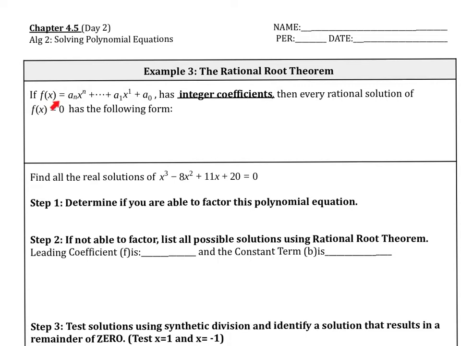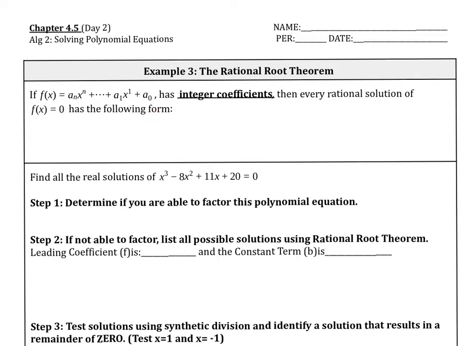If f(x) equals a_n x to the power n plus a_(n-1) x to the power n minus 1, plus so on, a_1 x to the power 1 plus a_0, has integer coefficients, then every rational solution of f(x) equals 0 has the following form.